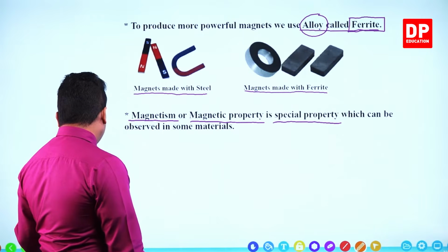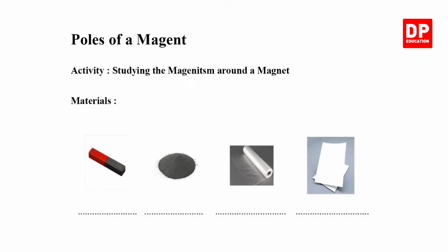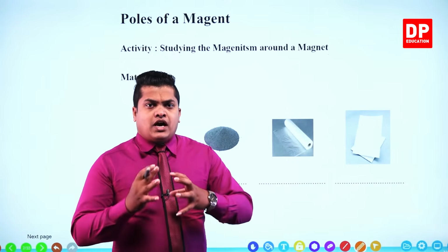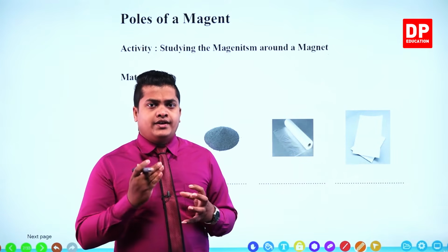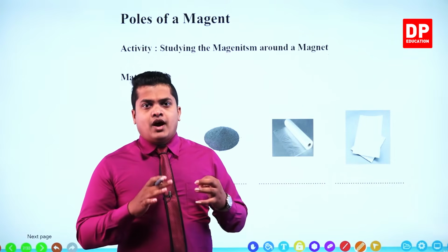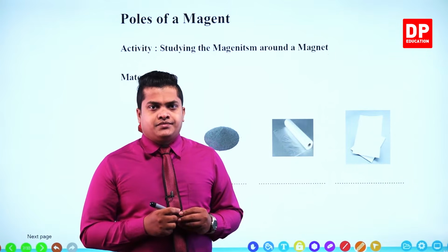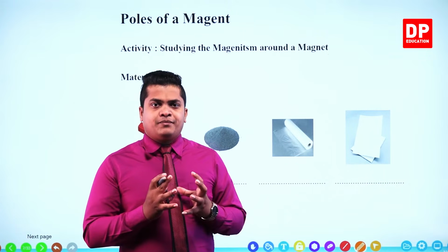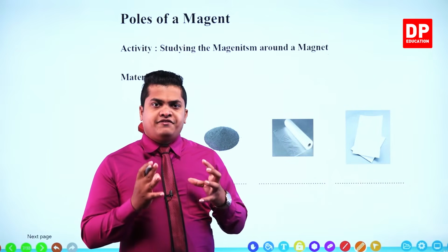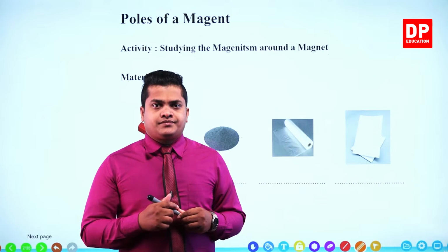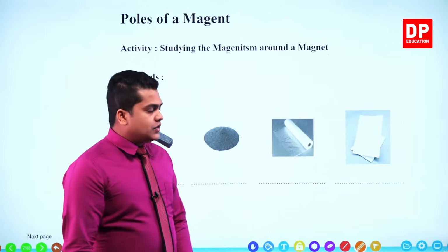So let's see what the other things contained in our lesson are. Now we studied what magnetic materials are and what we use to create a magnet. Now we are going to discuss the poles of a magnet, how to identify them, and what features can be observed in them.